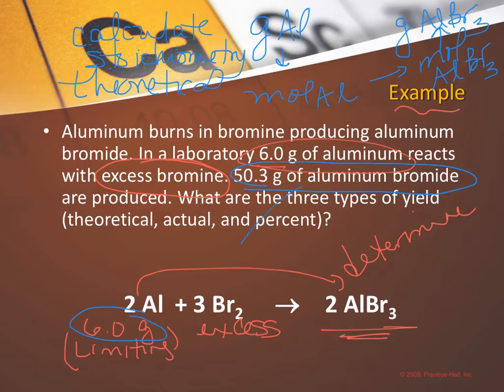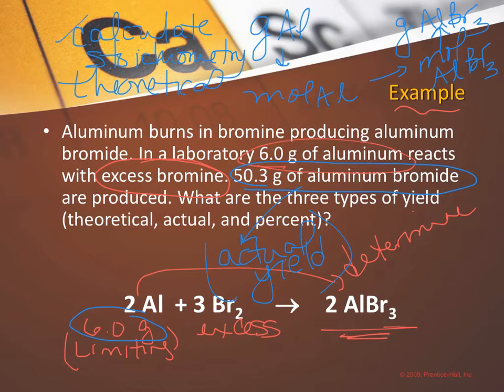The actual yield will always be given to you in the problem. Actual yield is not something you can calculate because every chemist that goes into a lab and does this reaction will get a different actual yield, depending on the conditions the reactions run, maybe even depending on how careful the chemist set it up. So, in any case, the actual yield will always be given to you.